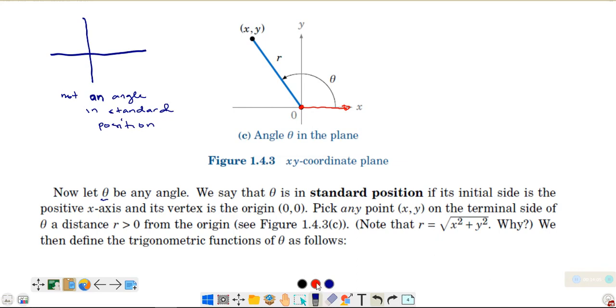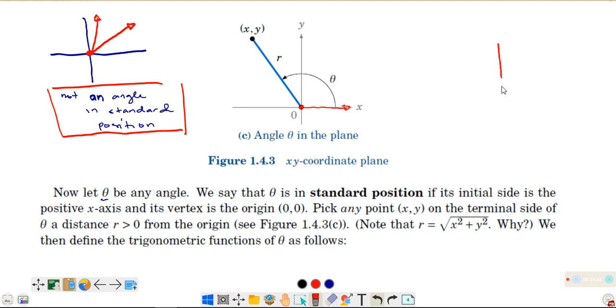So, meron tayong isa pang angle. Ito si initial side. Ito si terminal side. So, the vertex is at the origin, but the initial side is not in the positive x-axis.